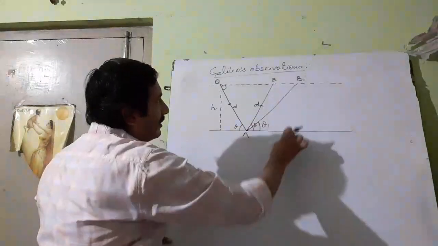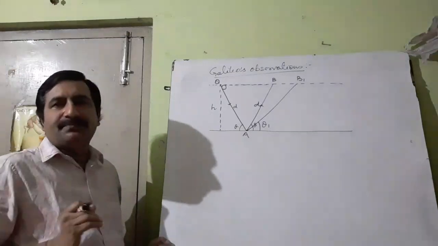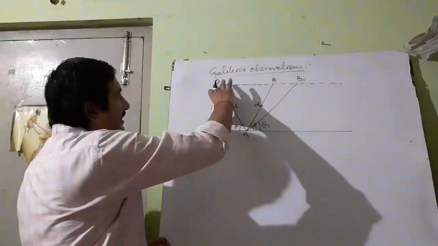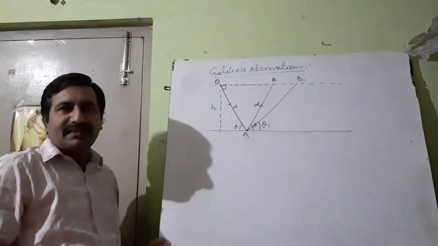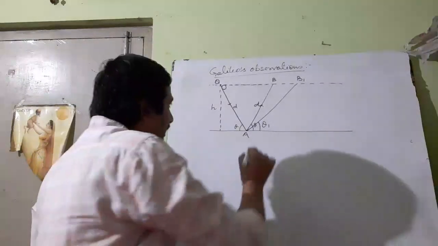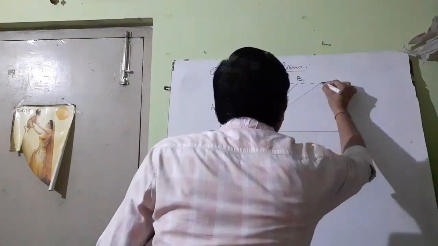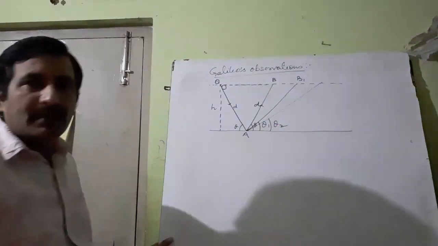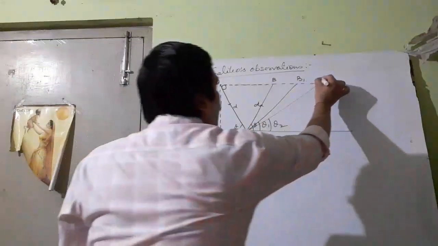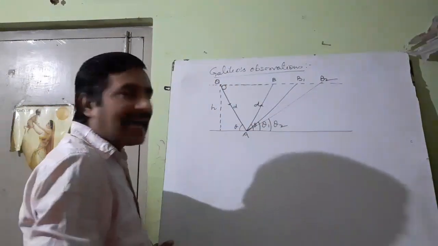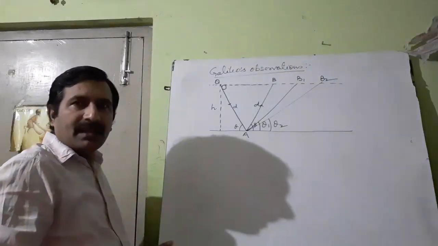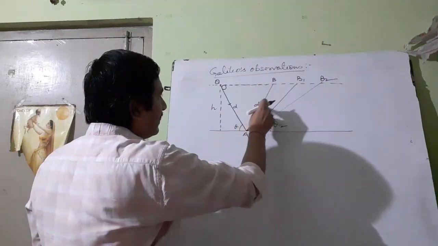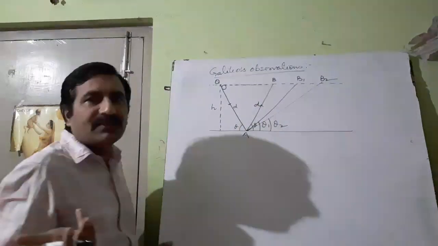The height attained by the ball is the same as its initial height from the reference level. If the angle of inclination is reduced further, suppose theta 2, the ball reaches the point B2. The height is still the same, but the distances travelled in these cases are different.